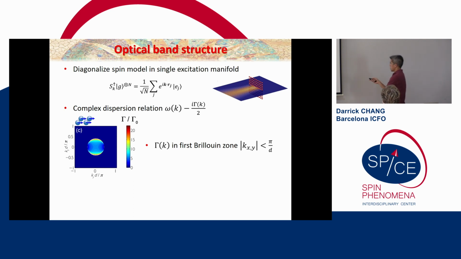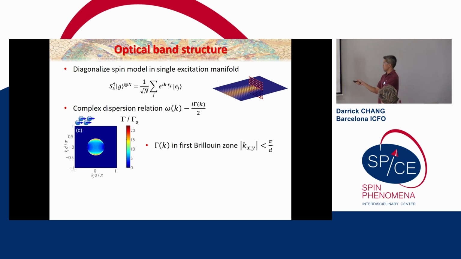And what's more important going forward is not the real dispersion relation, but actually just the imaginary part. So here what I'm doing is I'm plotting gamma of k in the first Brillouin zone. So kx and ky have to be less than pi over d. And you see an interesting feature pop up. So first of all, when we shine in light at normal incidence and look for this reflection, what we're doing is we're shining a k equals 0 mode.